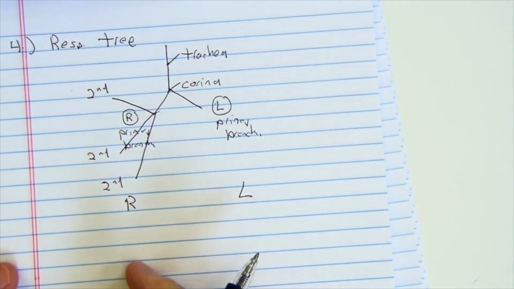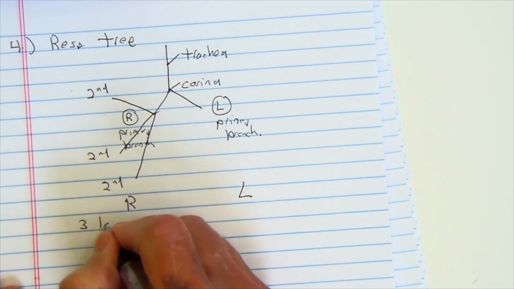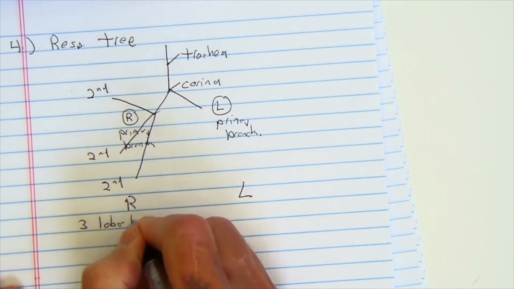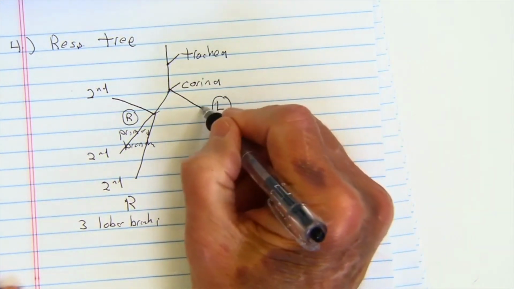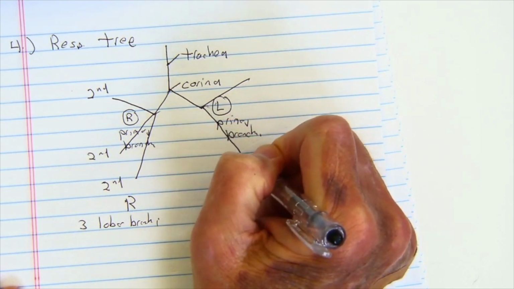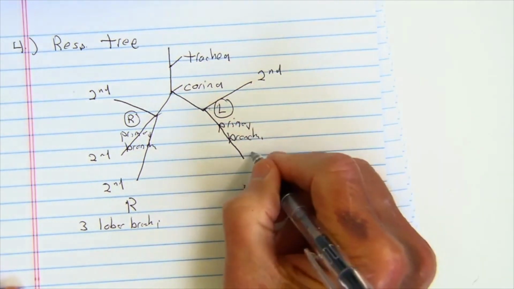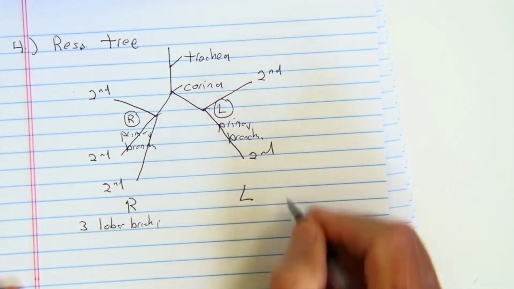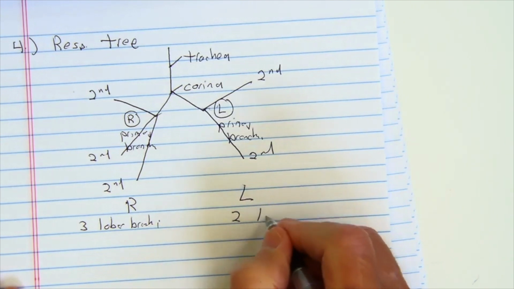And since I've got 3 lobes on the right lung, I'm going to have 3 lobar bronchi. On the left side, because of the position of the heart in a cardiac notch, I'm going to have a secondary bronchi and another secondary bronchi. So on the left side, I'm going to have 2 lobar bronchi.